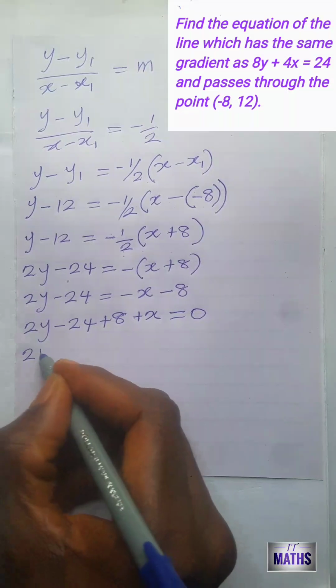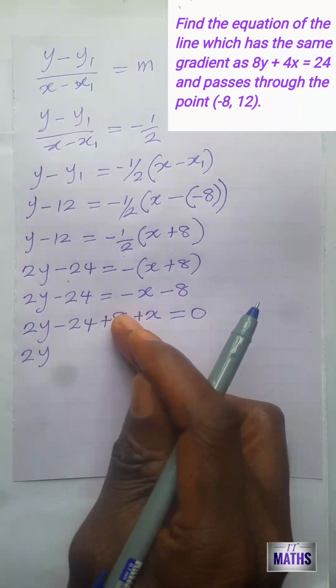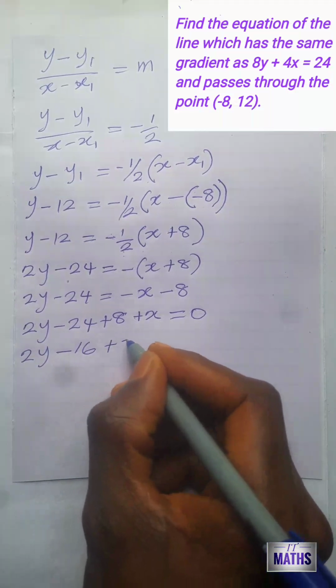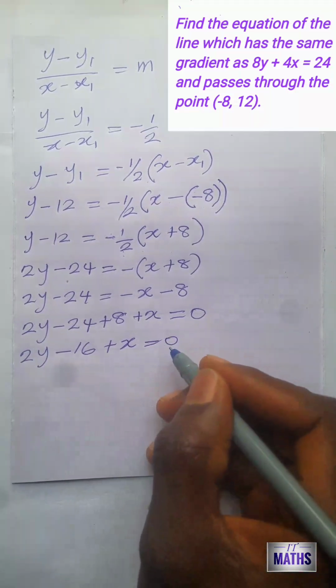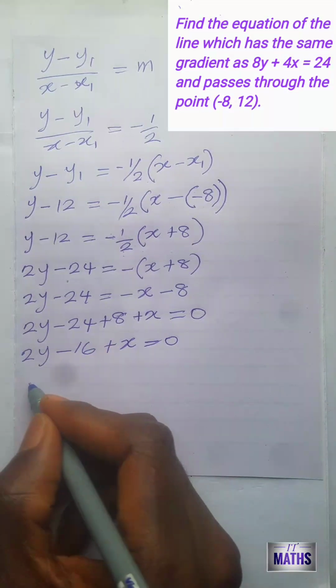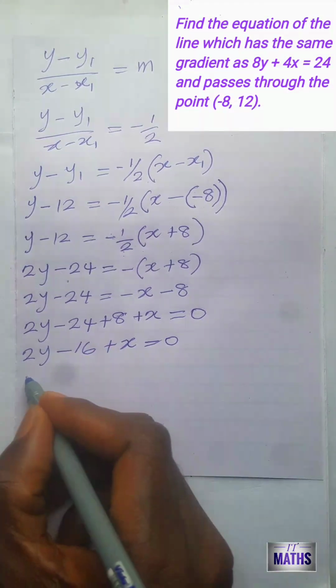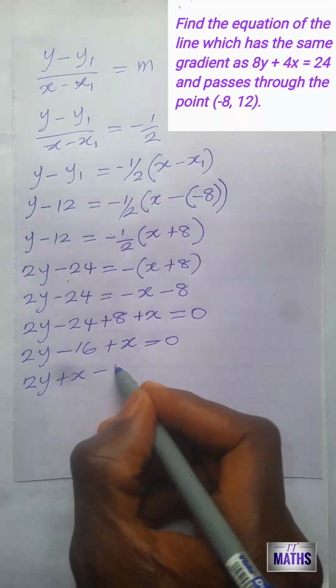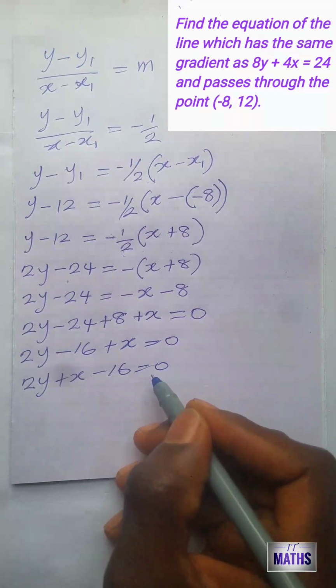So this 2y minus 24 plus 8 is minus 16, plus x is equals to 0. That is our answer. But you can decide to just rearrange it: 2y plus x minus 16 is equals to 0.